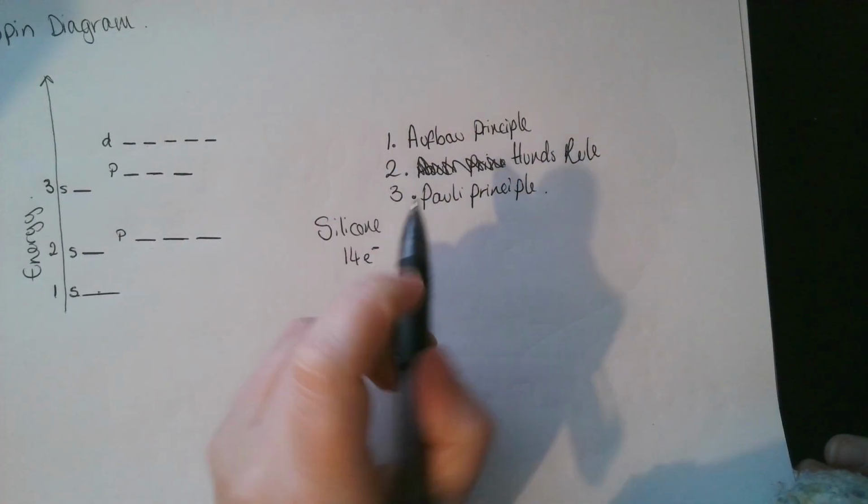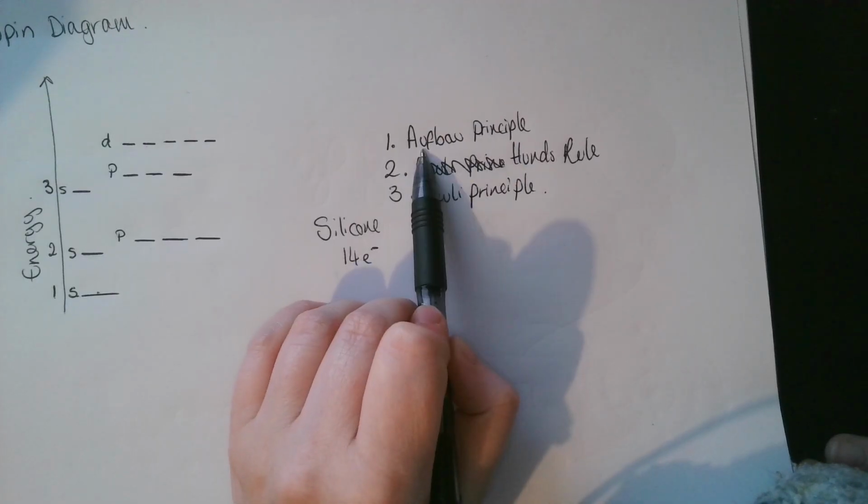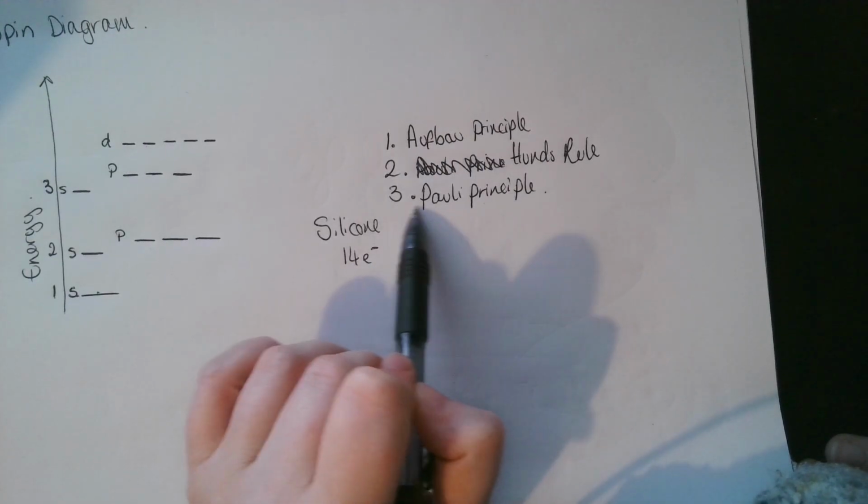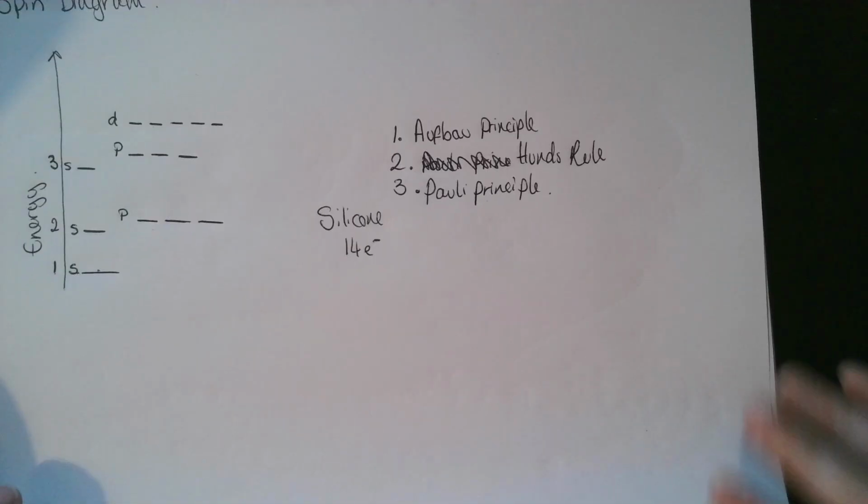So the 3 rules are Aufbau principle, Hund's rule, and Pauli principle.